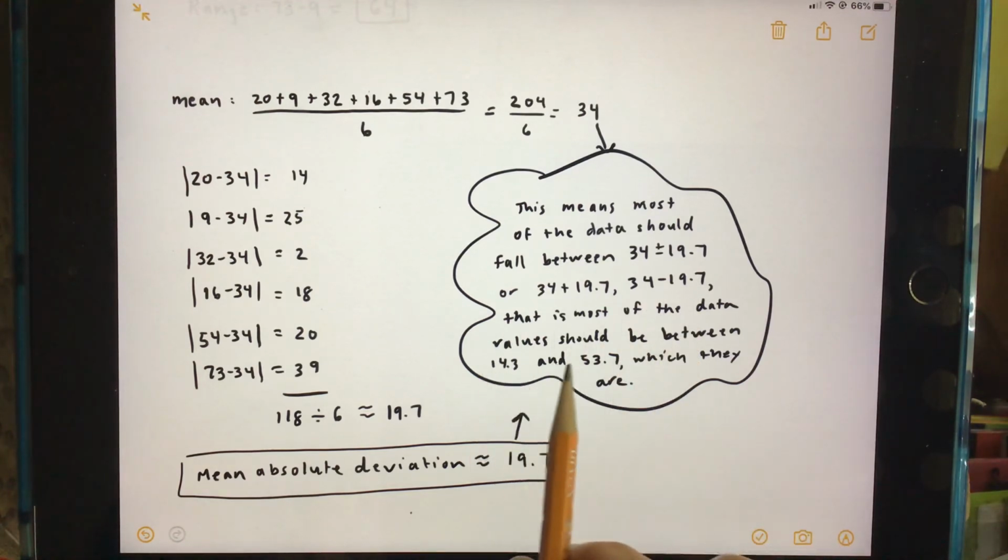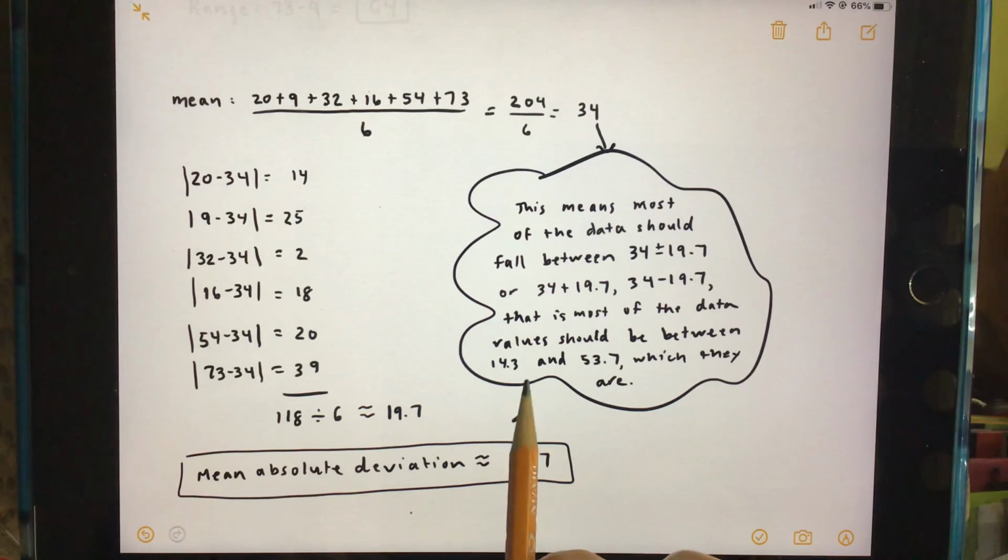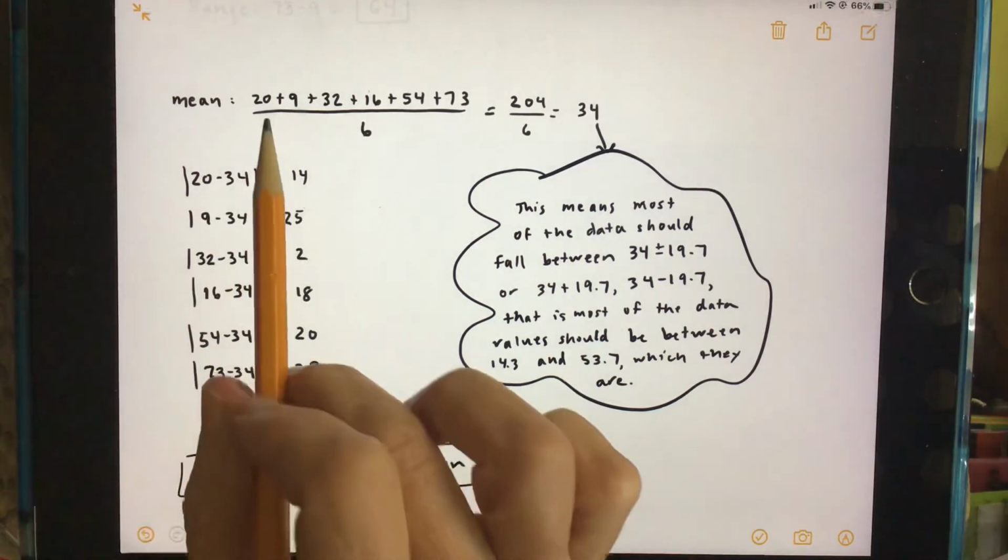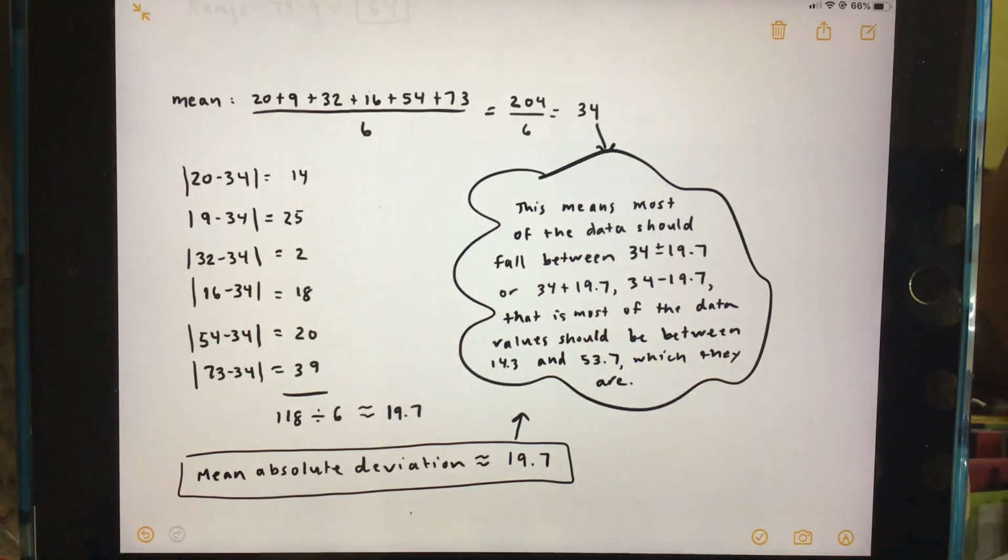That is, most of the data values should be somewhere between 14.3 and 53.7, which they are. So some of our extreme values don't show up when we are finding our mean absolute deviation because they're more extreme than most of the others. So this just gives us a narrower range of how much our data typically spreads out.